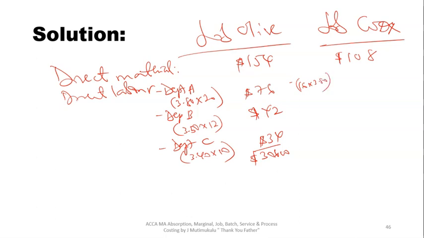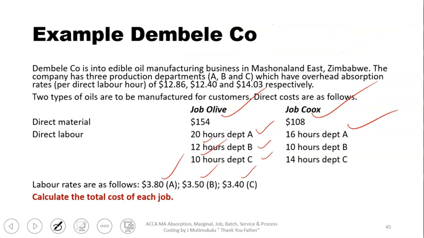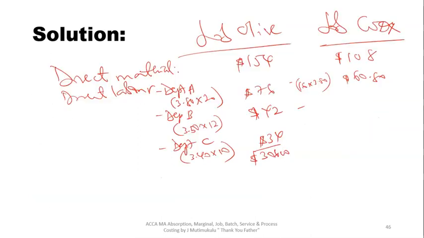We use our calculators, and we should get $60.80. We go to department B. They worked 10 hours at $3.50. So that's 10 multiplied by $3.50, which is $35.